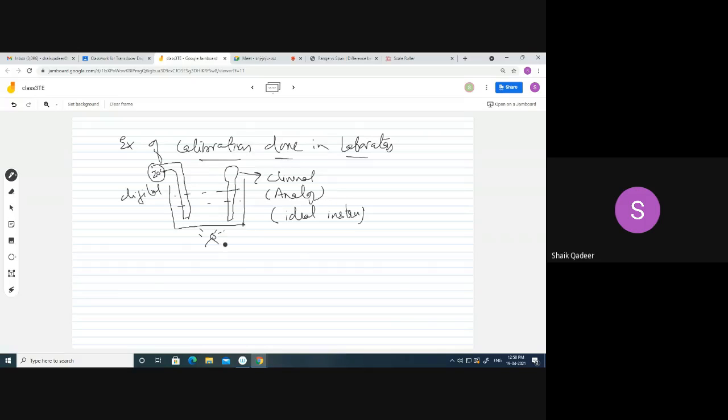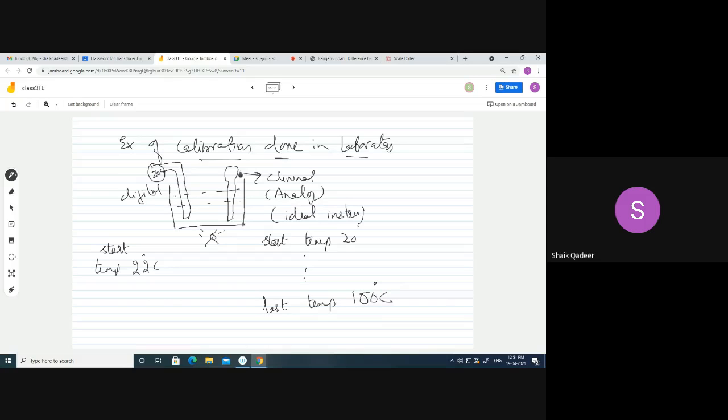Suppose at the start the temperature is 20 degrees. The ideal instrument shows 20 degrees, and this one shows, say, 22 degrees. We continue heating up to the last value under measurement, suppose 100 degrees.